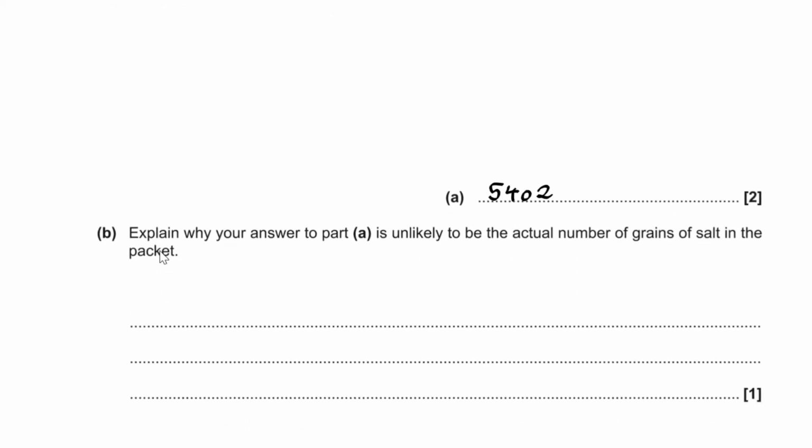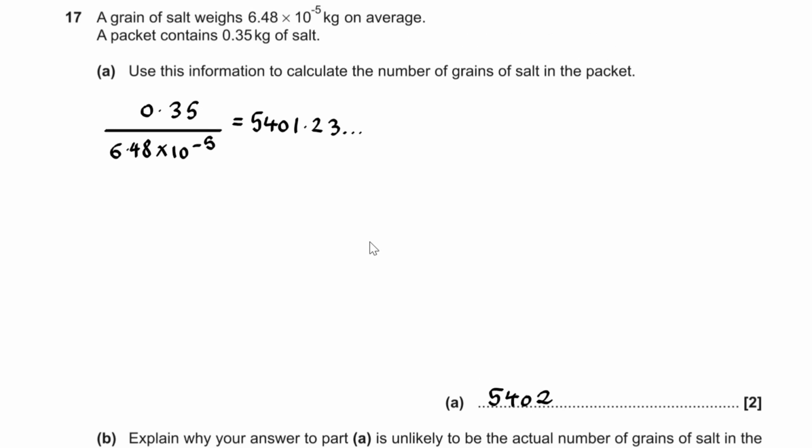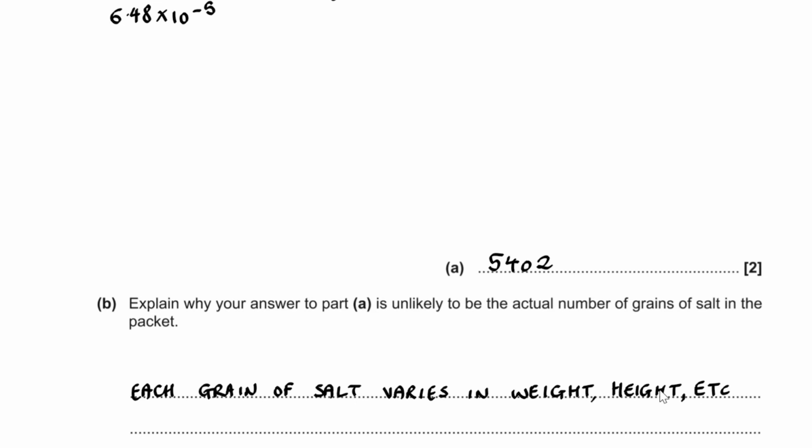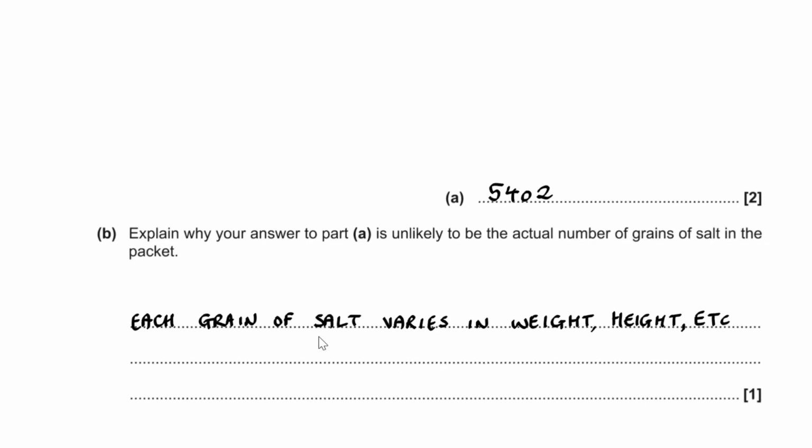And now for part B, we have to explain why our answer to part A is unlikely to be the actual number of grains of salt in the packet. Of course, each grain of salt varies in weight, height, etc. So that's why we can't conclude that this will be the actual number of grains of salt.